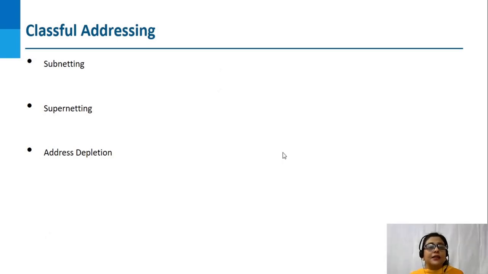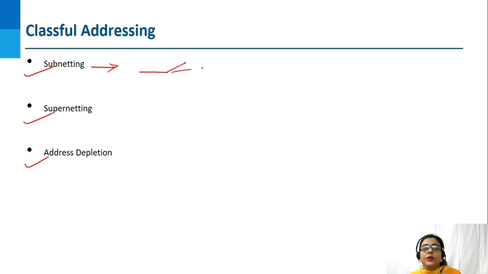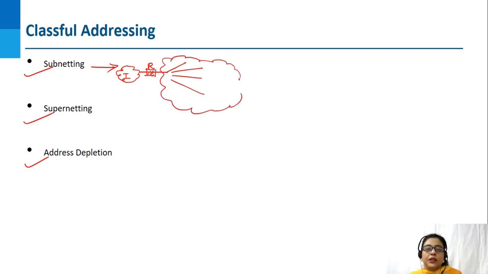Let us now understand 3 very important terms. One is called subnetting, the other one is supernetting and the address depletion part. Subnetting means dividing an address space into several different addresses. Like if this is the internet and from the internet there is a router. Through the router we are getting connected to the internal network.